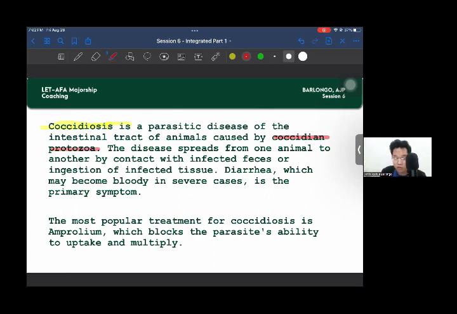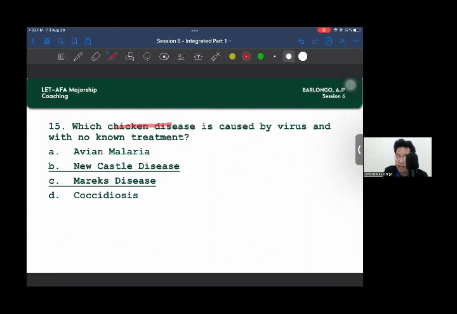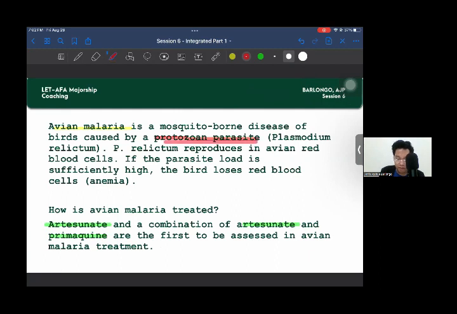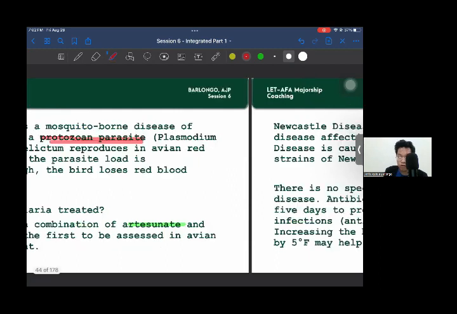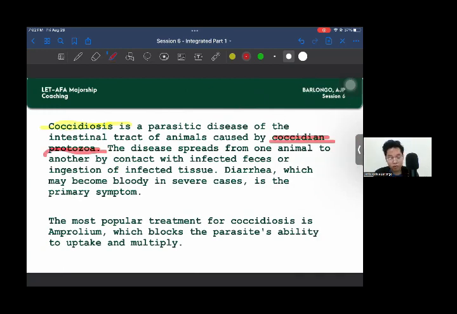So if you will notice sa choices na A tsaka D, they are not caused by a virus, which is ayun yung sabi dito, di ba? Sabi, which chicken disease is caused by a virus? So avian malaria is caused by a protozoan parasite, as well as coccidiosis, which is caused by a Coccidian protozoa. So this disease spreads from one animal to another by contact with infected feces or ingestion of infected tissue.